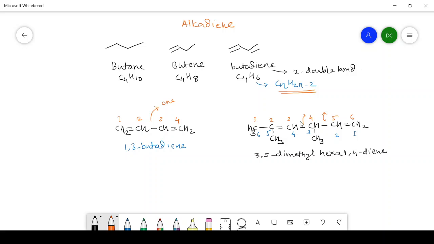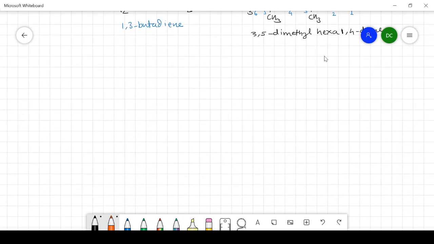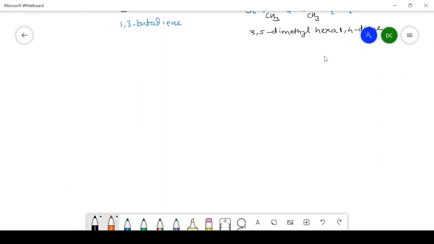Therefore, the position of the double bonds is different, and from the position of the double bonds, they are divided into three types. The first type is isolated diene, the second type is conjugated diene, and the third type is cumulated diene. So, first type: isolated diene.